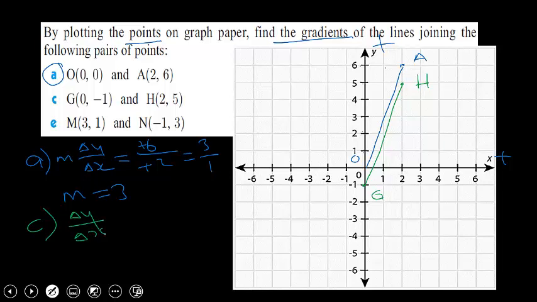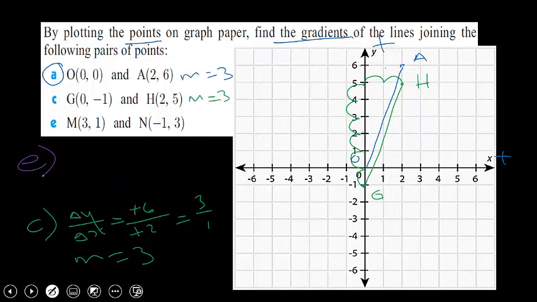Let's count. 1, 2, 3, 4, 5, 6. That is 6 up, plus 6. 1, 2 over, plus 2. That is 3 over 1. So m equals 3 as well. Interesting. So here we say m equals 3.